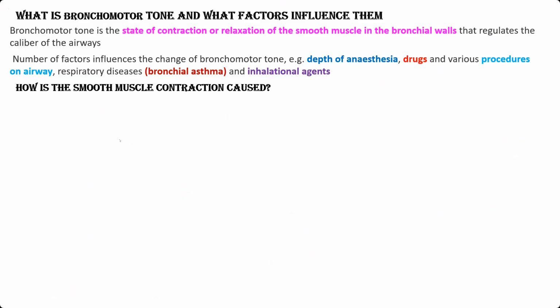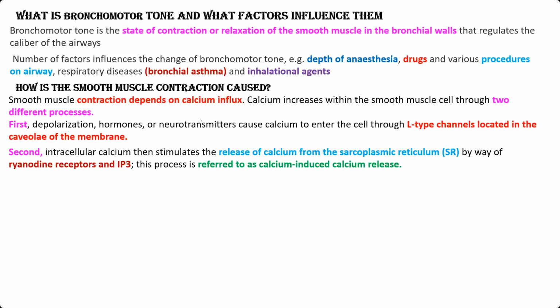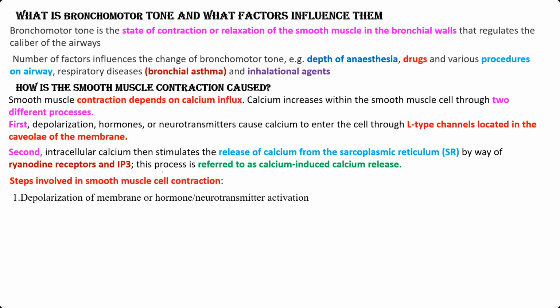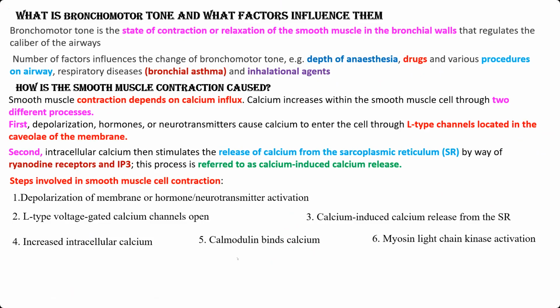And as all muscles are stimulated by calcium, here also it is mainly by calcium dependent influx. How does this mechanism work? All of us know that L-type voltage gated calcium channels open and calcium will come into the cytoplasm, which will stimulate release of calcium by the sarcoplasmic reticulum. And calmodulin will bind the calcium.